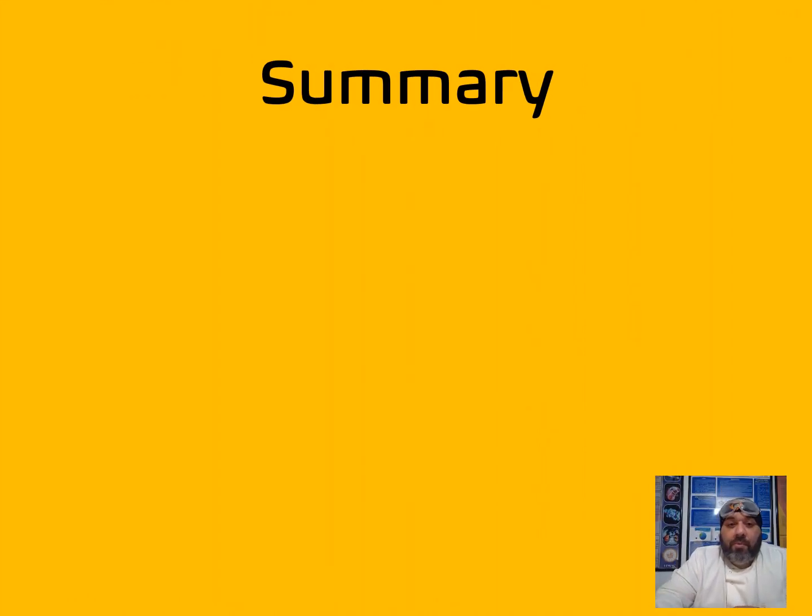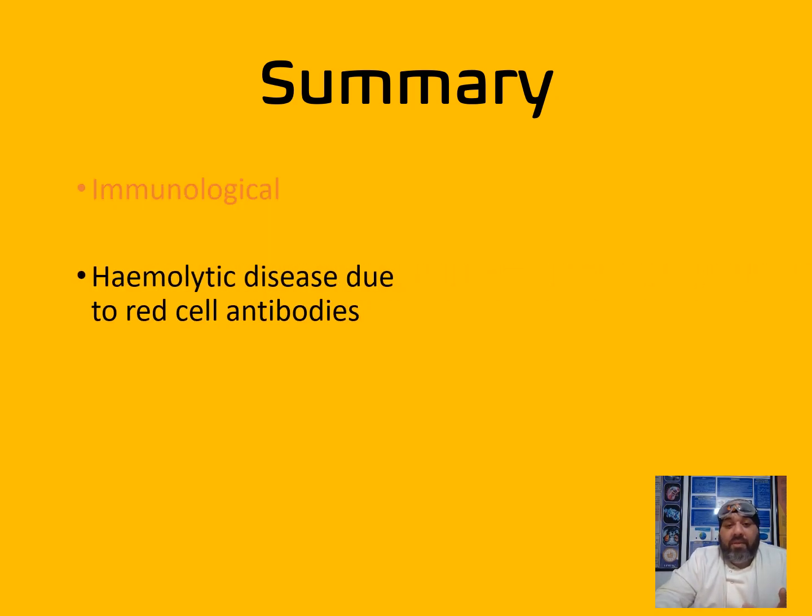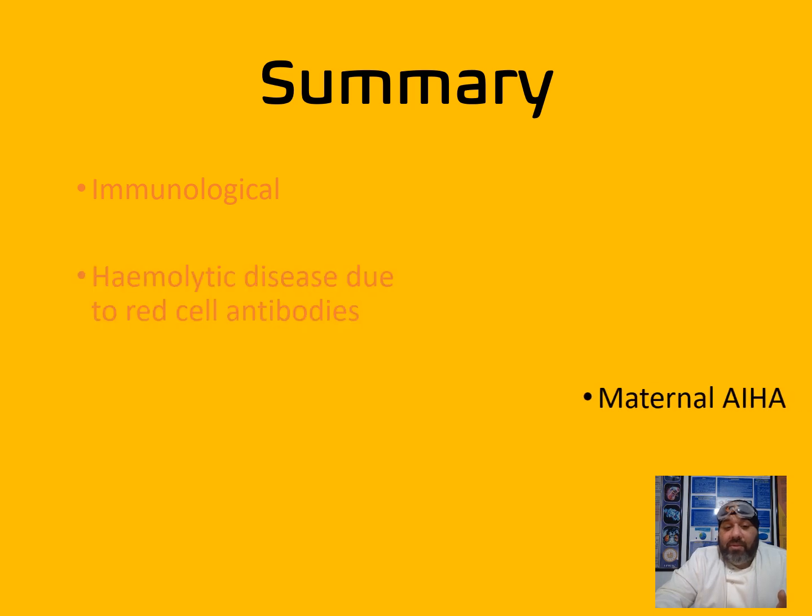And so, in summary, there are several underpinnings as to why pediatrics may require a transfusion. Generally, there can be immunological concerns. There can be hemolytic disease due to red cell antibodies.